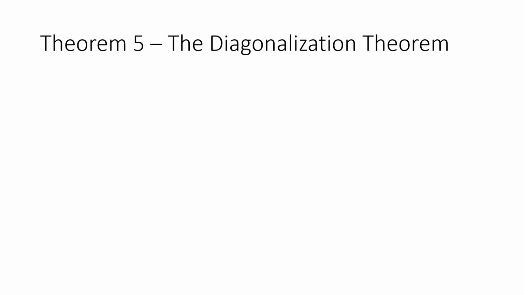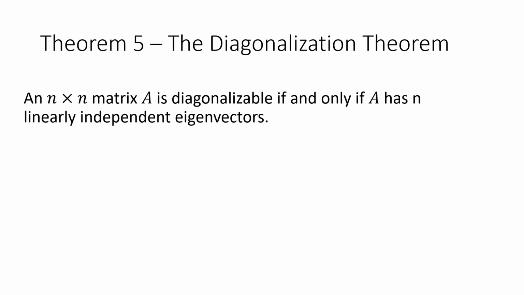So that leads to theorem 5, the diagonalization theorem. An n by n matrix A is diagonalizable if and only if A has n linearly independent eigenvectors. So we've just seen that you can raise a matrix to a power very easily if it is diagonalizable, because you can work with the diagonal matrix instead of your original matrix.